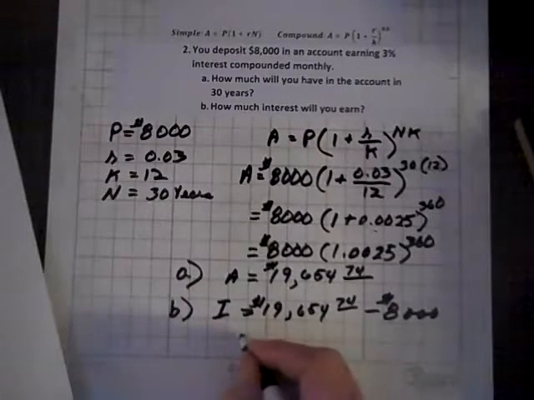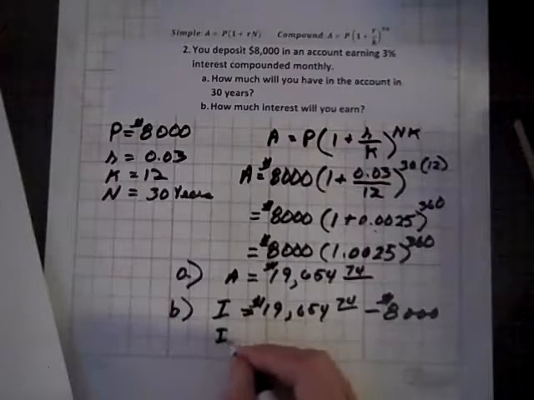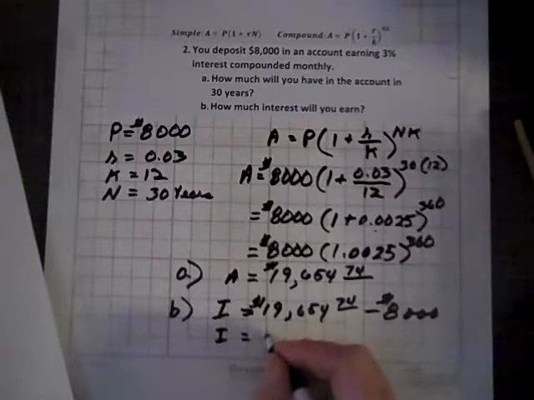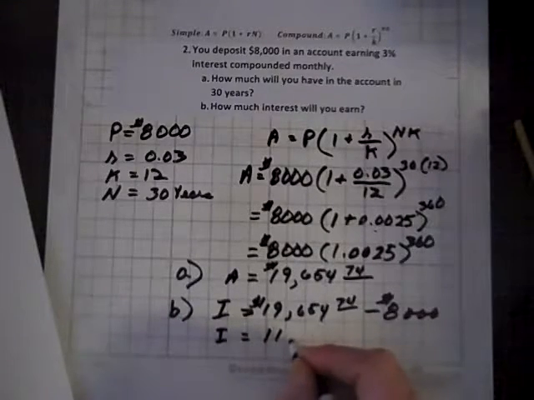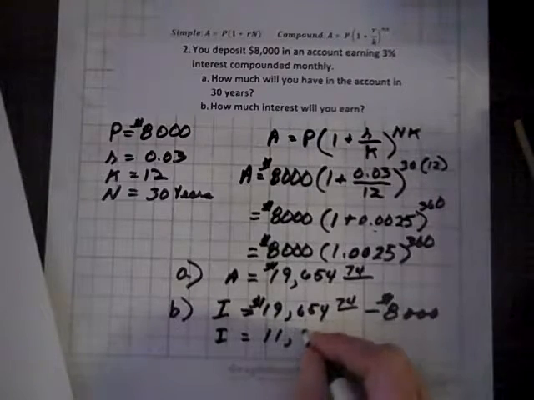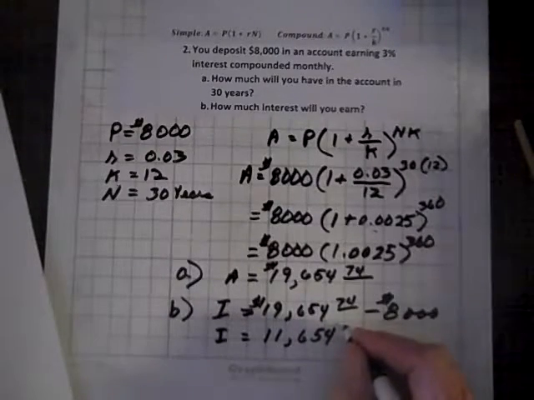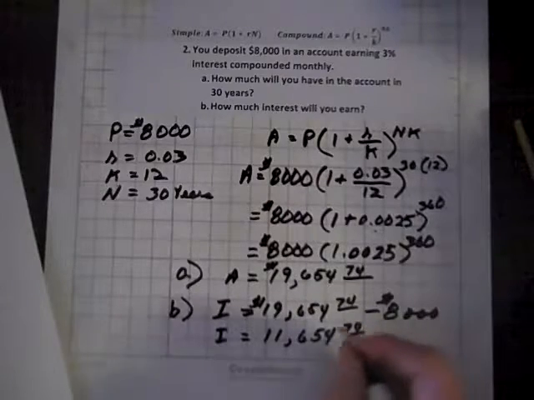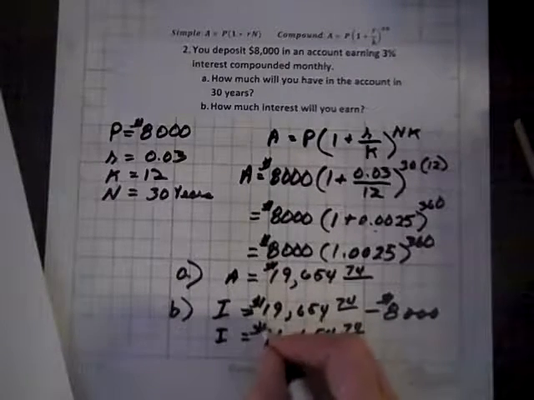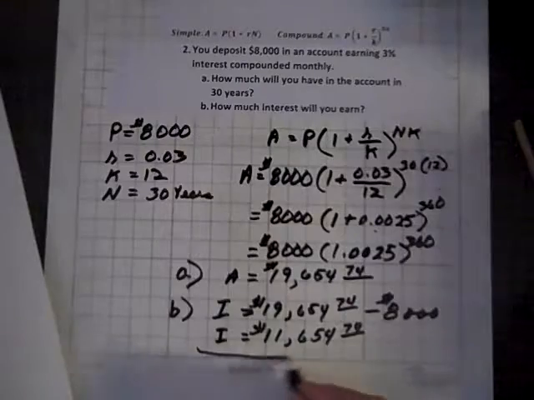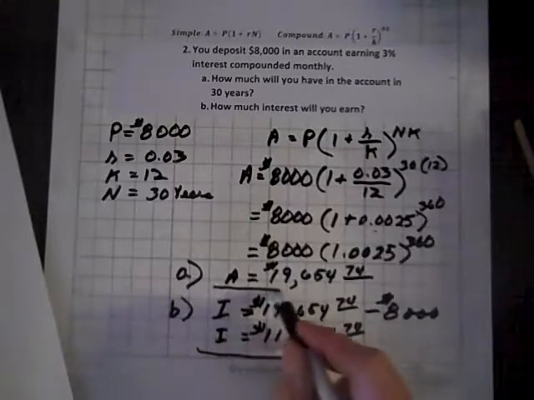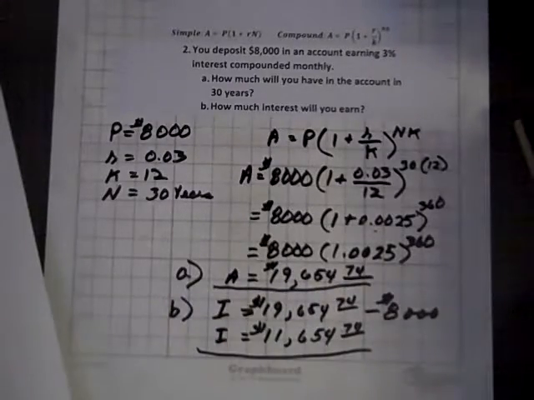And so the interest equals, and I get $11,654.74. And that's the interest we made. So we've done part B, we did part A, and there's our values, and we're done.